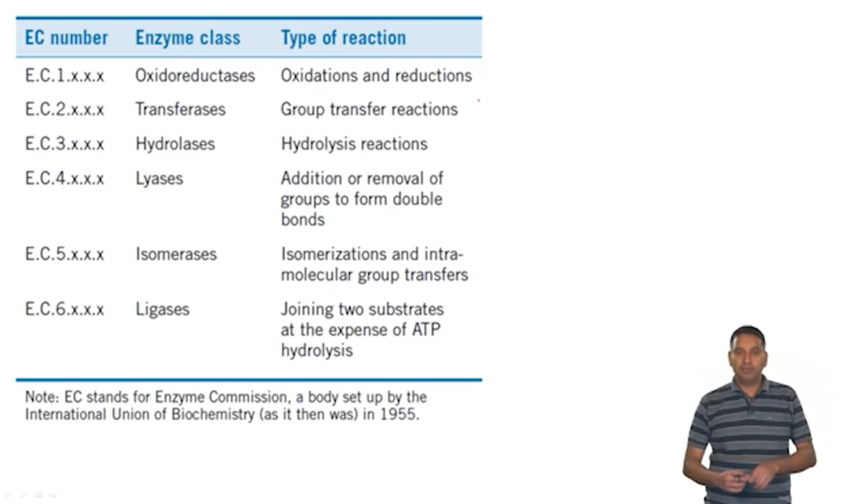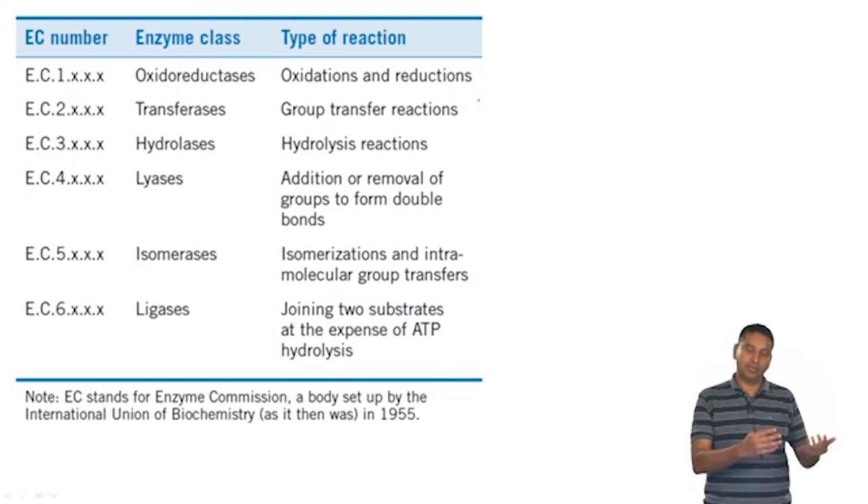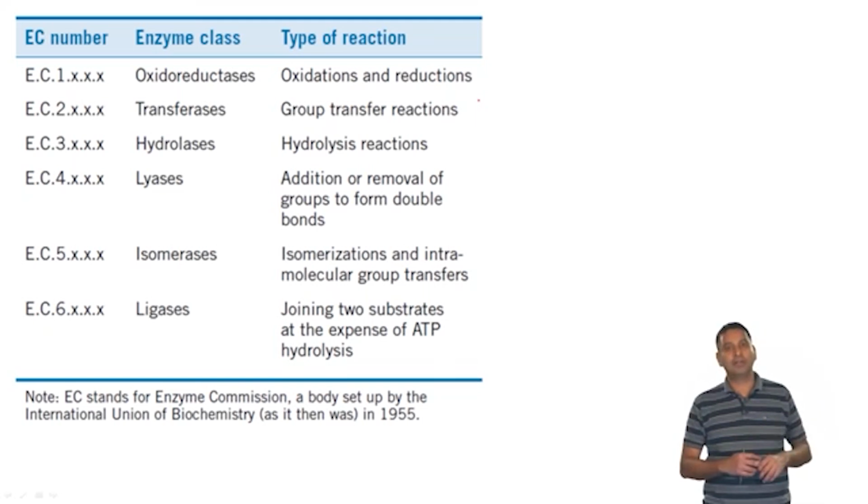Now, if we were to look at various classes of enzymes, you can find them in this table. They are typically enzymes which carry out oxidations or reductions, known as oxidoreductases, or they can transfer groups, for example glutathione, and are called transferases; in the case of glutathione, it would be called glutathione transferase or glutathione S-transferase.